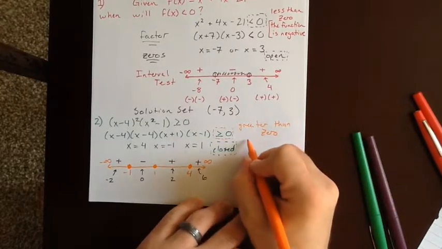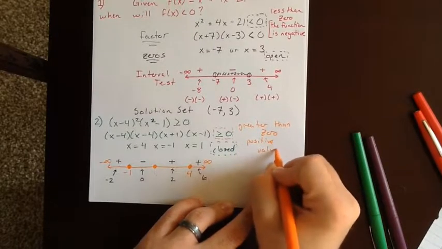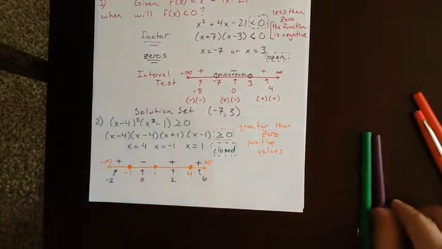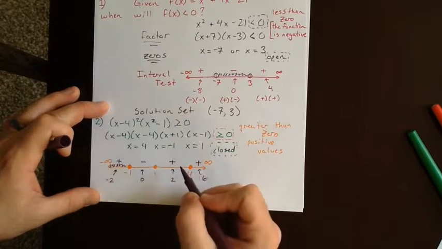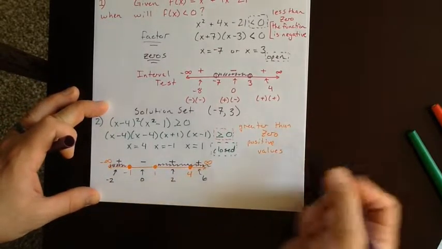So greater than 0, that means we want positive values. So we would have, therefore, this region, and we would continue on to this region.